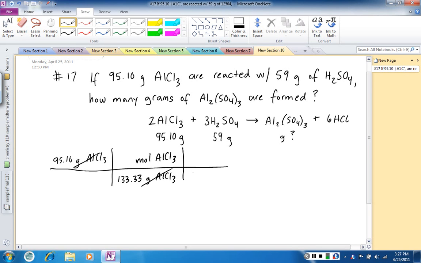And the ratio is 2 moles of AlCl3 reacts with 3 moles of H2SO4.